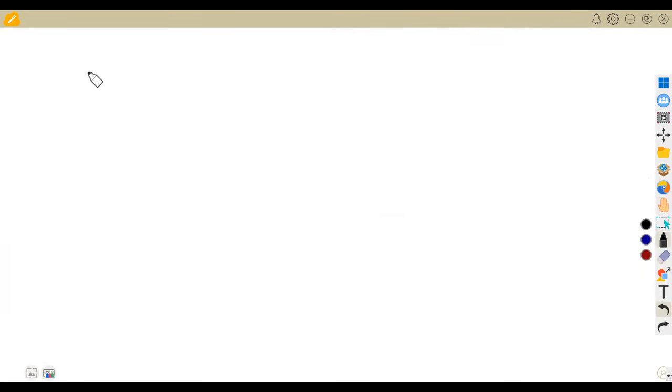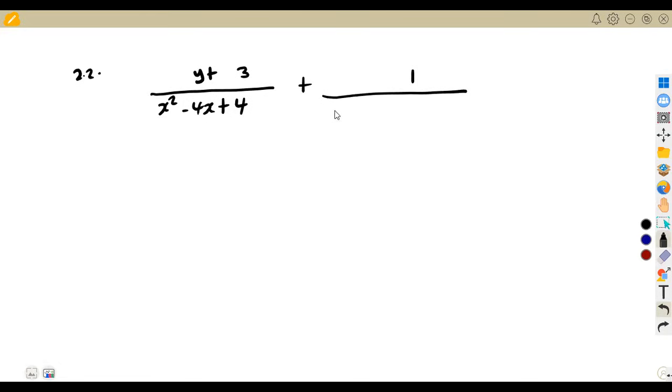All right, so that was 2.2, whereby we are given y plus 3, everything over x squared minus 4x plus 4. So this was being added to 1 over this part of xy minus 2y plus 3x minus 6.